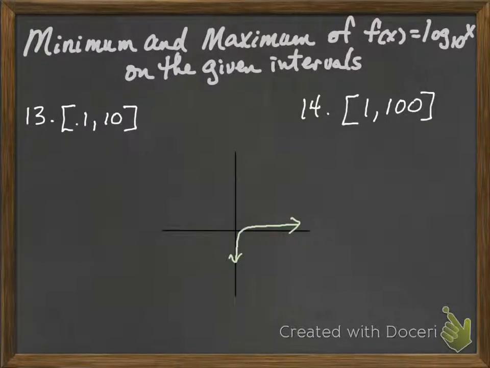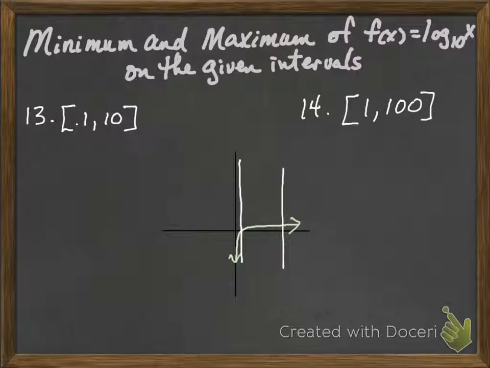Alright, next section wants us to do the minimum and maximum of g of x, or f of x, however you want to call it, of log base 10 of x. And it wants us to do it on the given intervals. So number 13 wants us to find base 10 at 0.1 and 10. So again, we've got everything going in one direction, right?